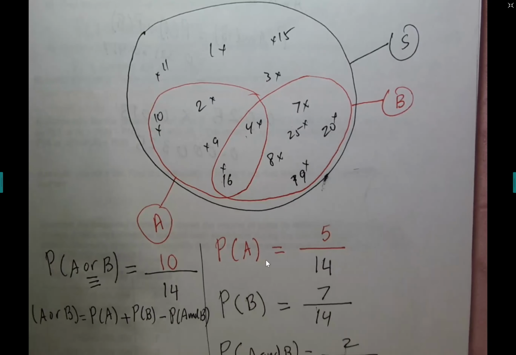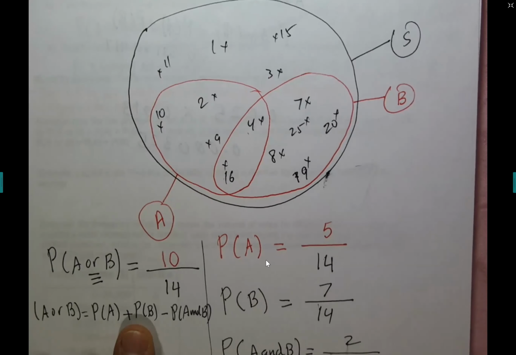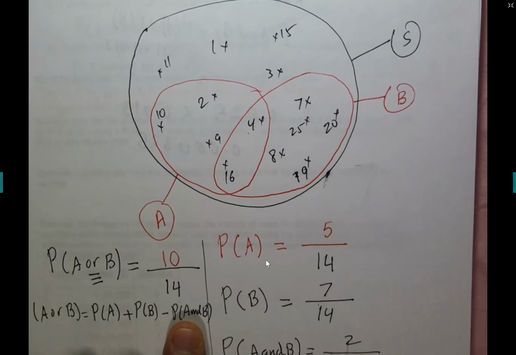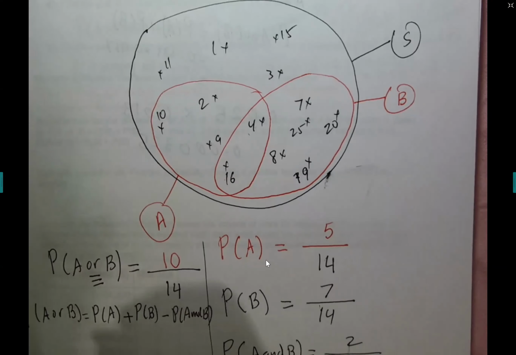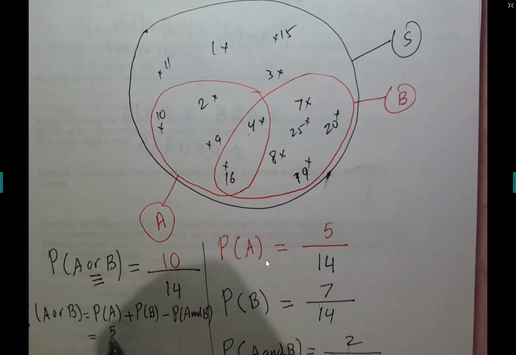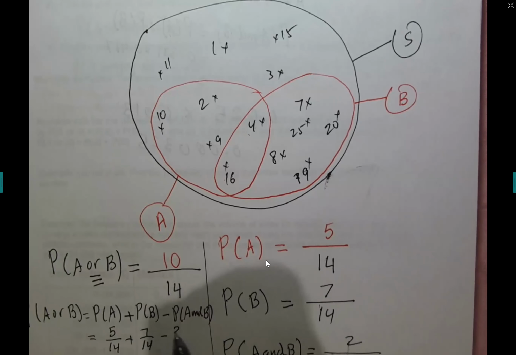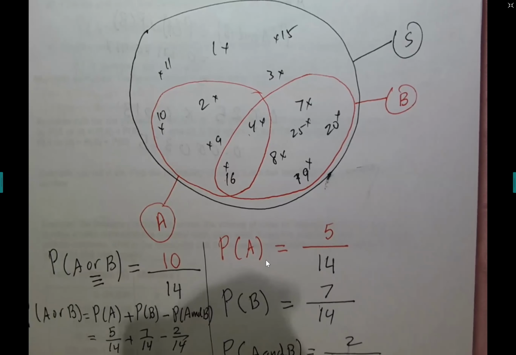And let me tell you why we don't just add. The minus is to remove what's repeated. You cannot count something twice. So if anything has been counted twice, we remove it using negative probability of A and B. So look, guys, 5 over 14 plus 7 over 14 minus 2 over 14, it's going to give me 10 over 14.